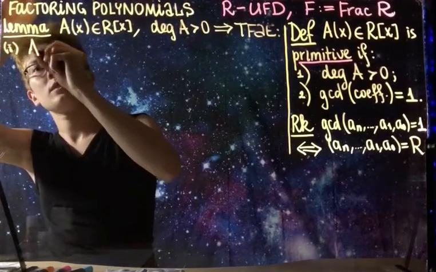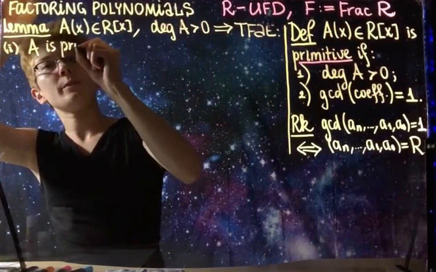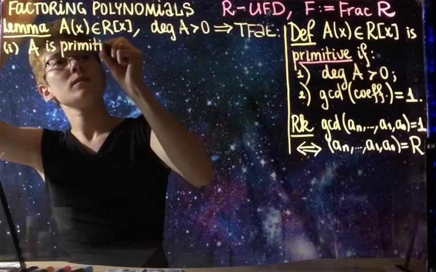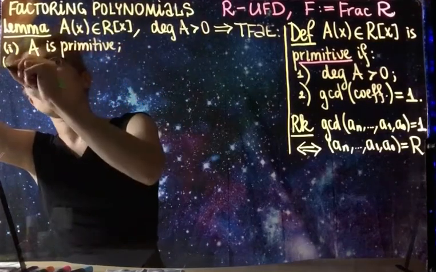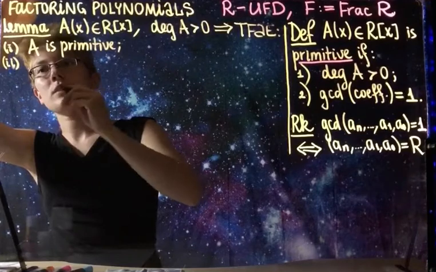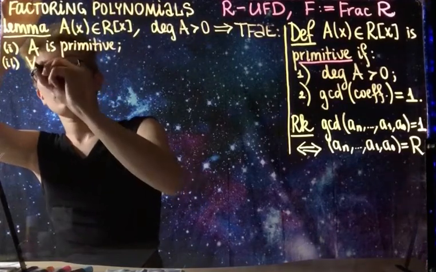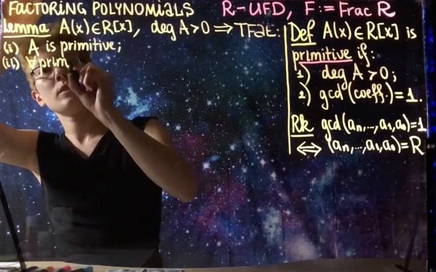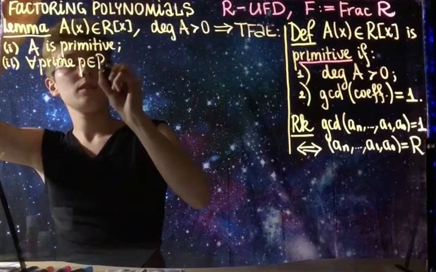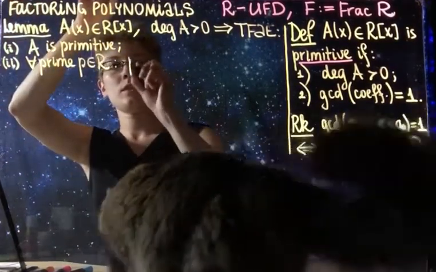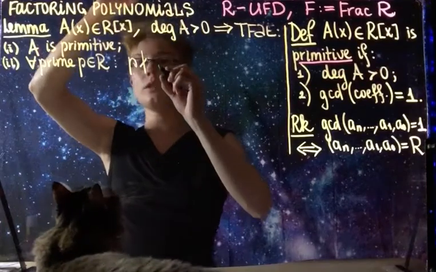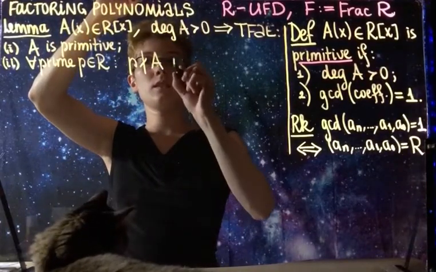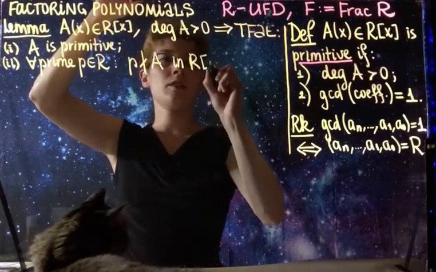First, A is primitive. Second, for any prime P in R, this prime does not divide A in R adjoint X.